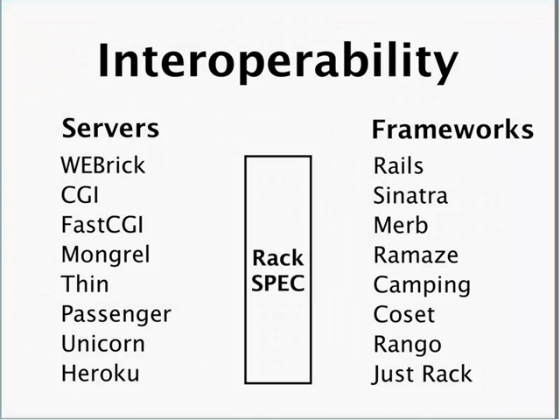At first it was FastCGI, and then 6 months later it was Mongrel and just reverse proxying HTTP, and then Passenger. And so there's been a long history of servers. And before Rack, each framework had to program in support for each one of these servers, or the servers had to program in support for each framework. But now we don't have to do that anymore.